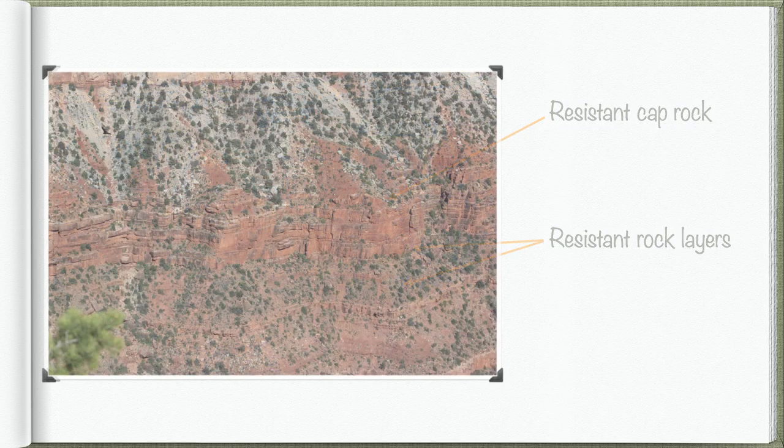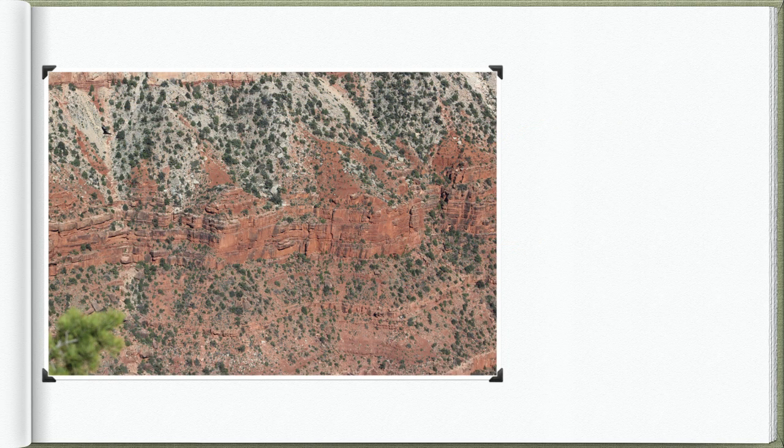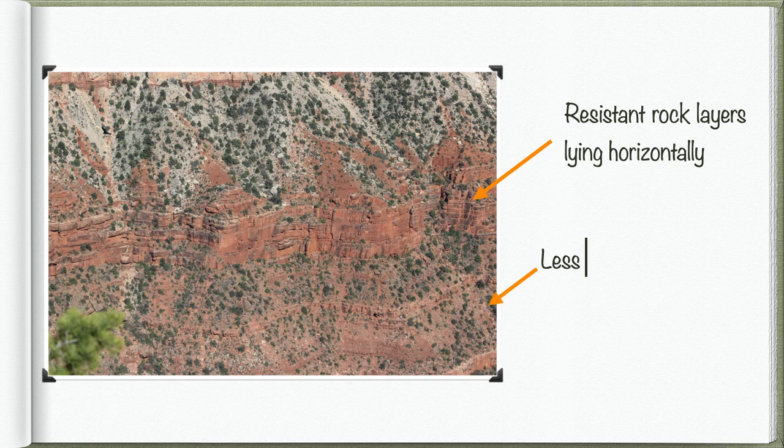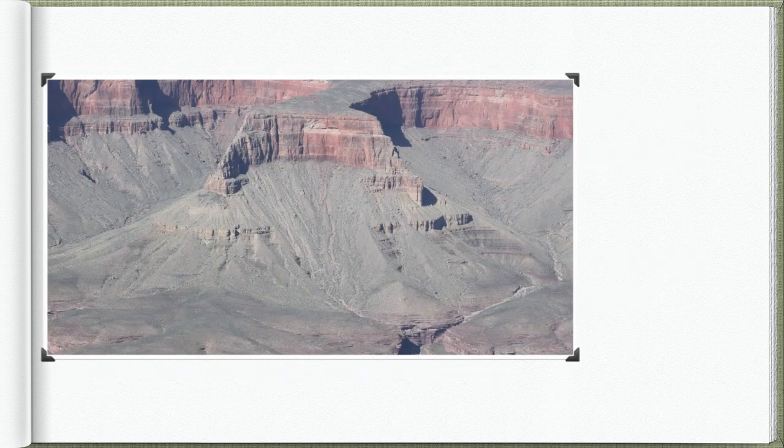Let's take a closer look at these resistant rock layers. So can you see there, you see the resistant rock layer, and they're lying horizontal. And notice how the layers in between that are less resistant are easily eroded, and that's how you get this step-like feature.